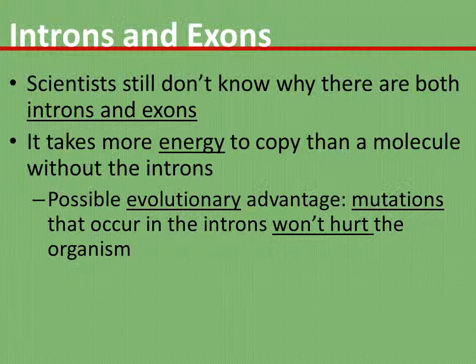With all of those introns in there, if the mutation happens in an intron, who cares? The mutation is just going to get cut out anyway. If it happens in an exon, then it might destroy whatever protein you're making and cause an abnormality. It can hurt you and me. But if it happens in the introns, it's not going to hurt you because it doesn't code for anything.